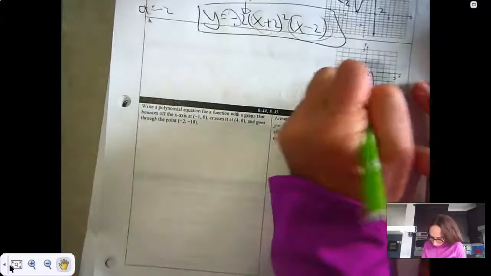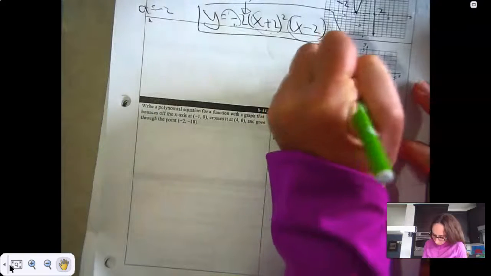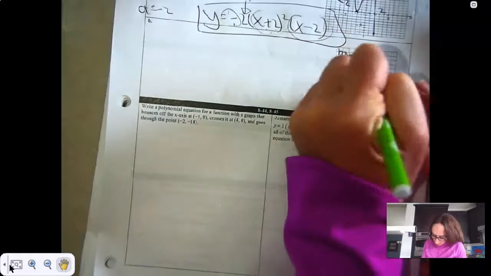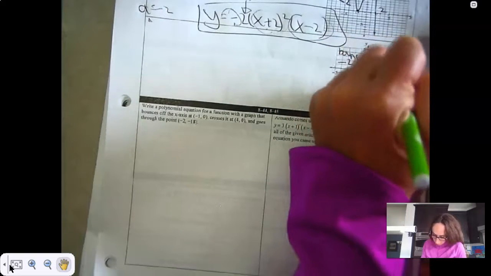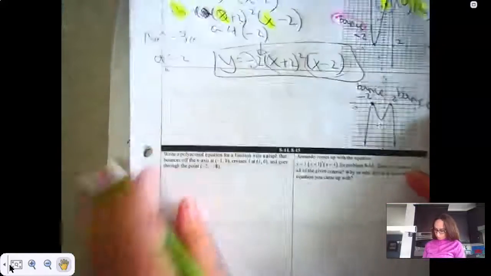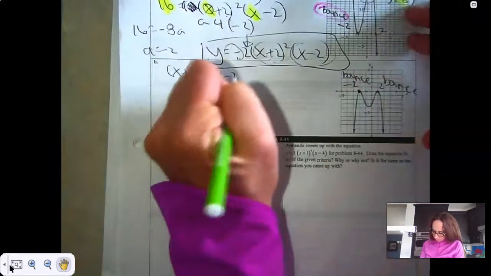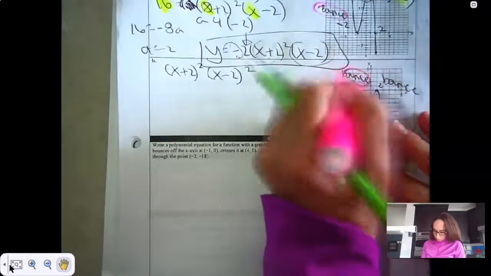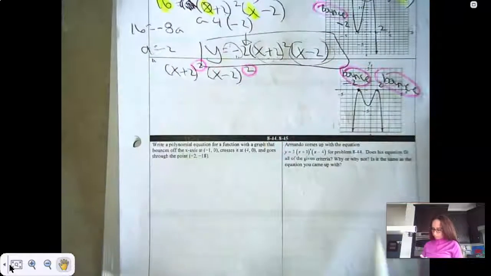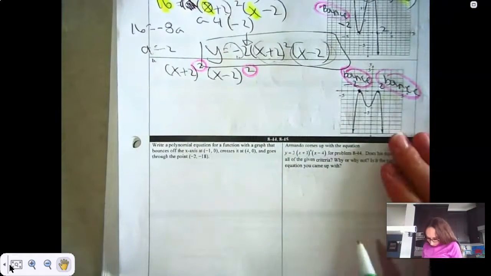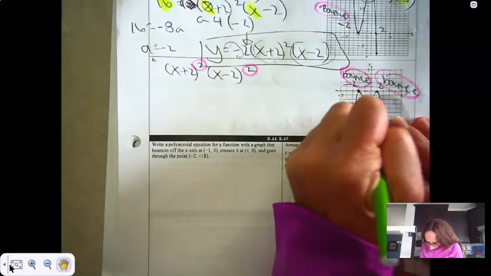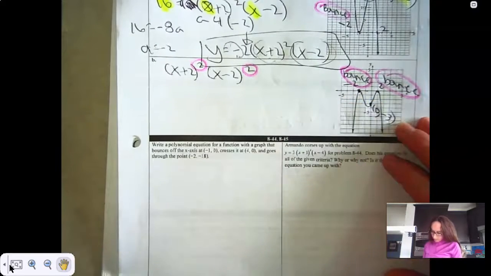So this one, 1, 2, negative 2 with a bounce, and positive 2 with a bounce. So x plus 2 squared, x minus 2 squared. Let's show the bounce. Okay, and we need to pick a point. We're going to say that looks right. We're going to say 0, negative 3.